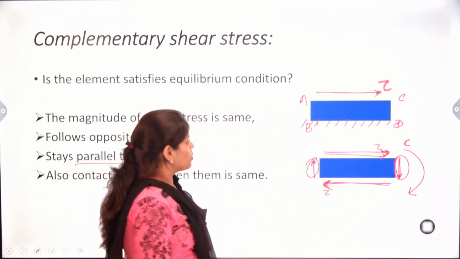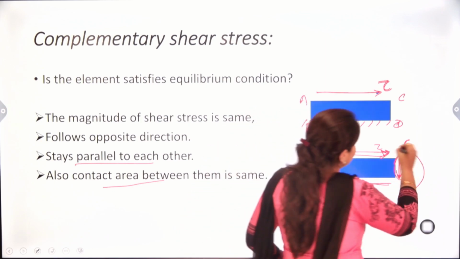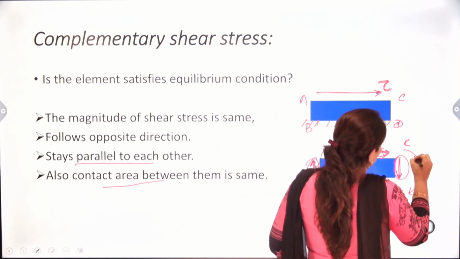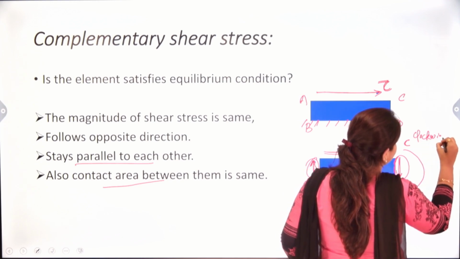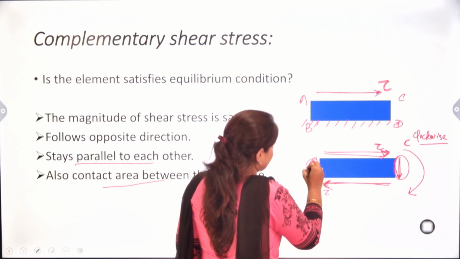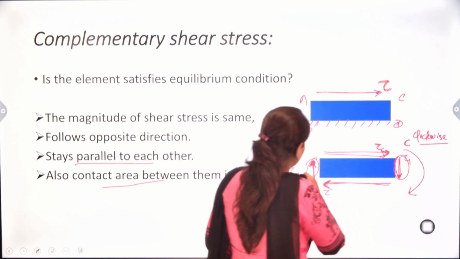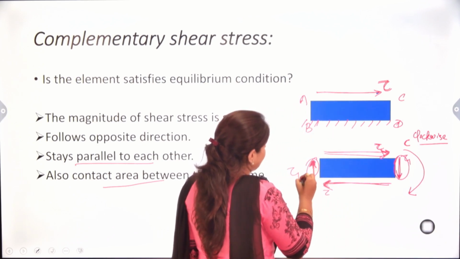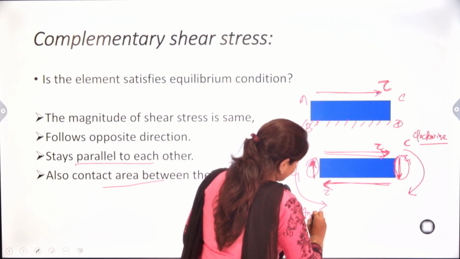Okay, so as it is produced here, for this tau we have a couple in the clockwise direction, right? So for this we will name it tau dash. For this tau dash, another couple will form and it will be in the anticlockwise direction.